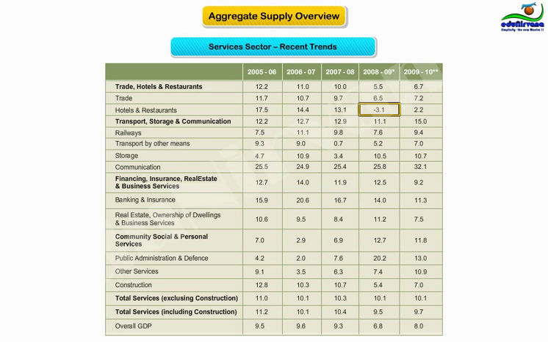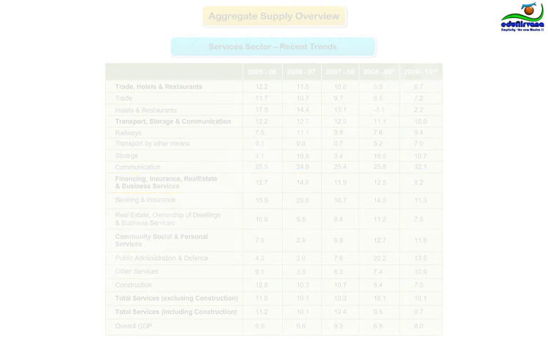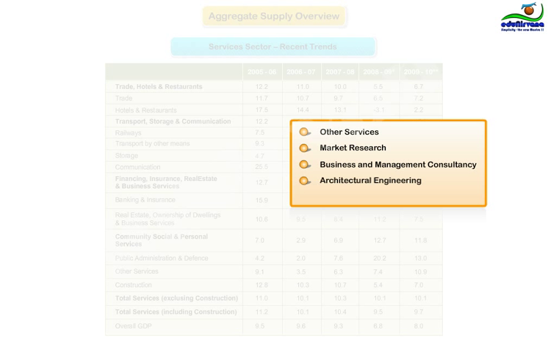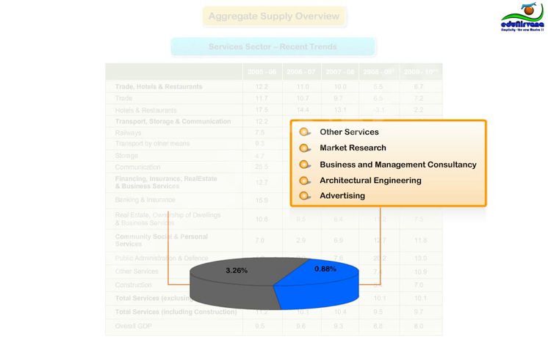Among business services, the two important categories are computer-related services and the category consisting of many services like other services, market research, business and management consultancy, architectural engineering, and advertising, with shares of 3.26% and 0.88% respectively in the GDP.